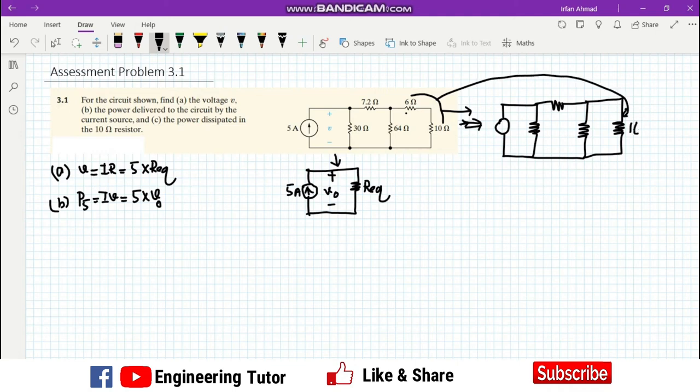This is 16, this is 64, this is 7.2, and this is 30.